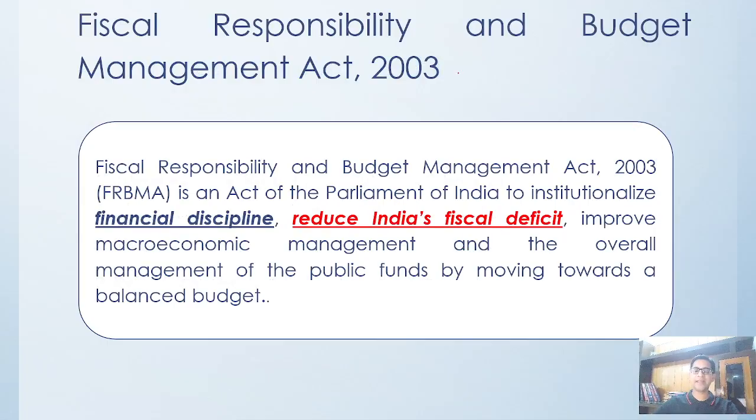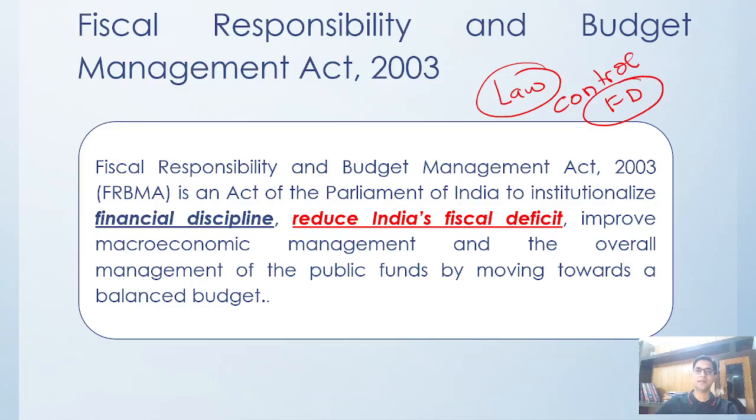Now a very important law in order to control the fiscal deficit was released in the form of the Fiscal Responsibility and Budgetary Management Act in 2003. It's a very important rule, because otherwise government keeps on borrowing.